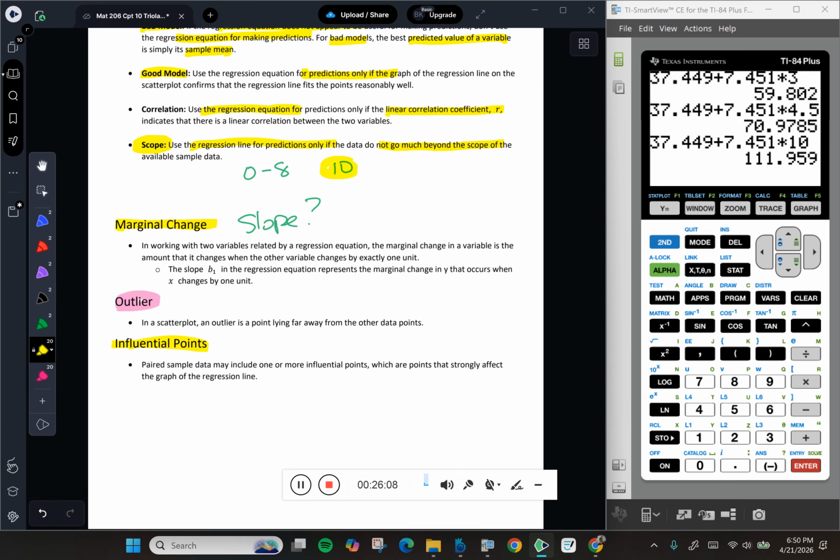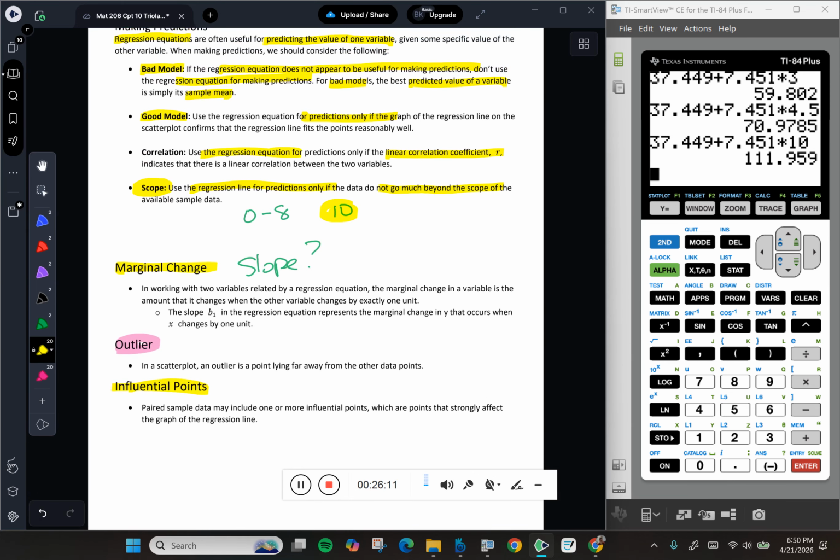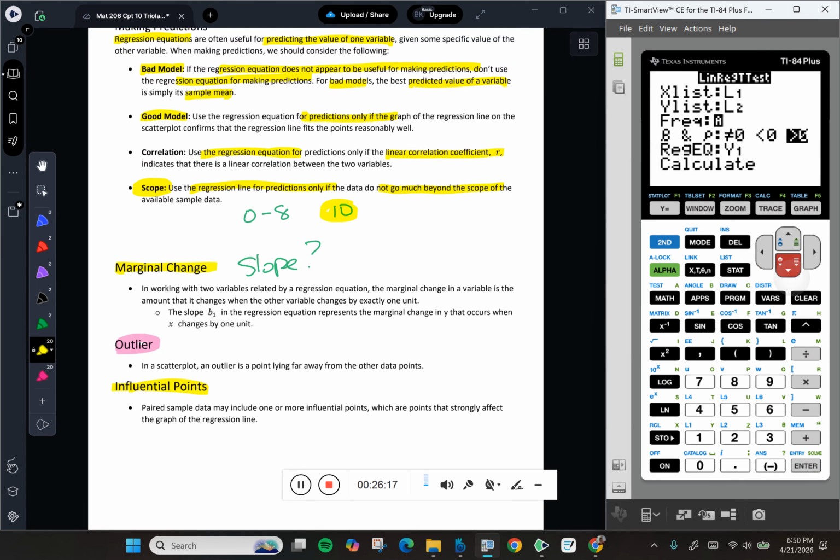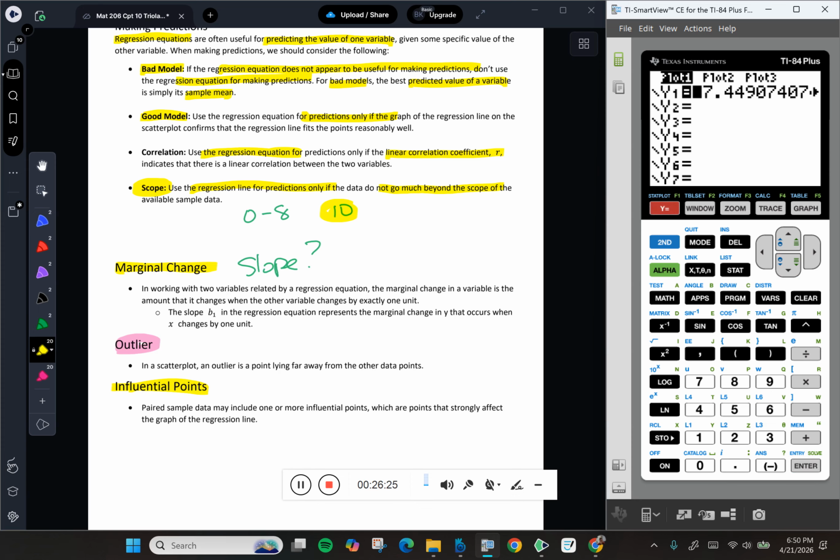All right, I want to go back and look at something. Remember when we did this test and I said, put that Y1 here? After I ran the test, if I go back to my Y editor, do you see how it put the equation into Y1? And now if I look at the graph, it not only graphs the scatter plot, but it also throws that line on there too.